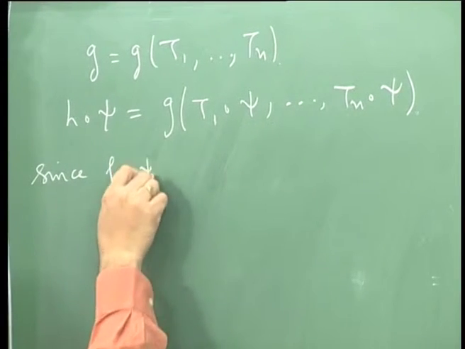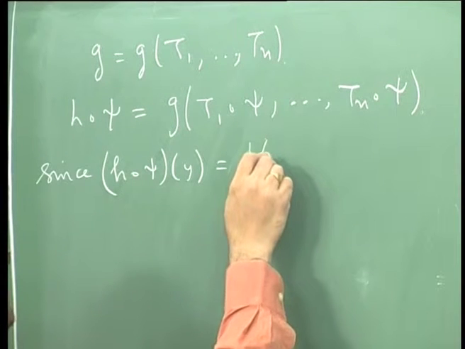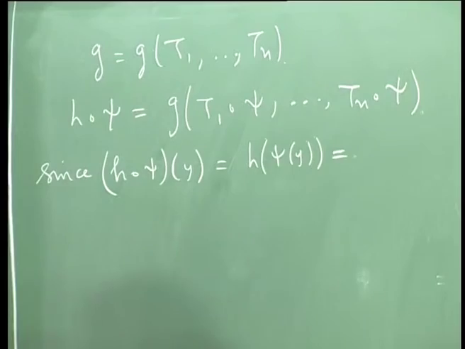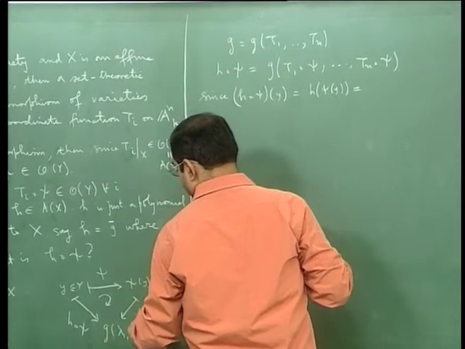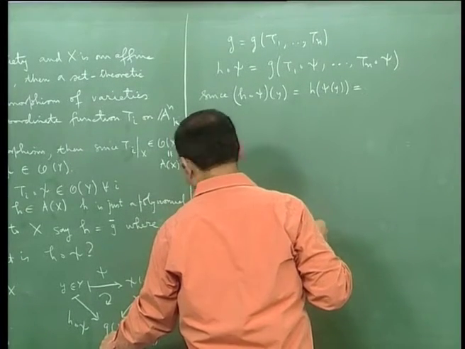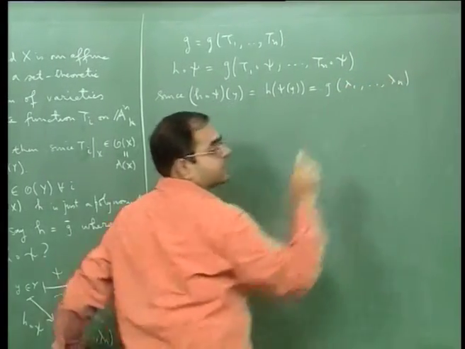Since H circle psi, if I evaluate it at a point, what will I get? I will get H of psi of y, and H of psi of y is lambda 1 through lambda n, and then I evaluate H on that. H is represented by a polynomial g, so I will get g of lambda 1 etc lambda n.